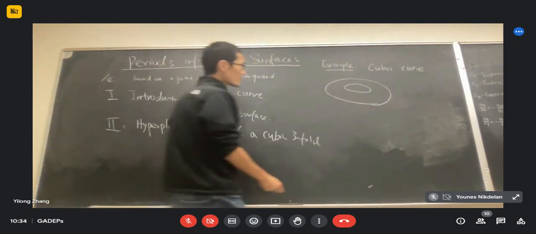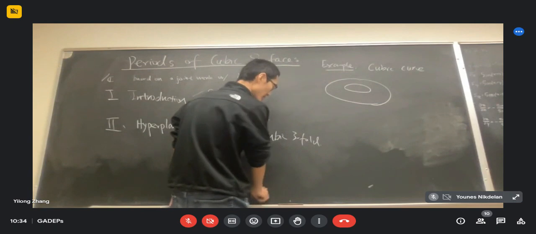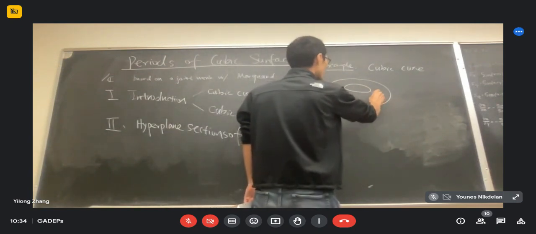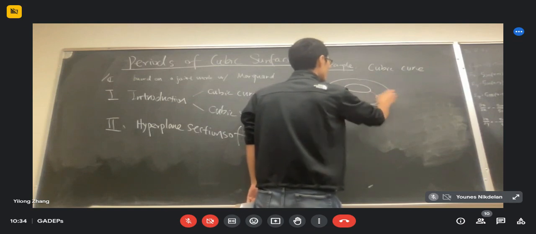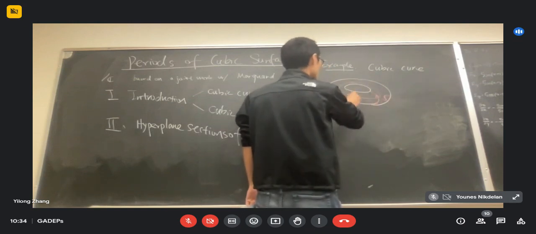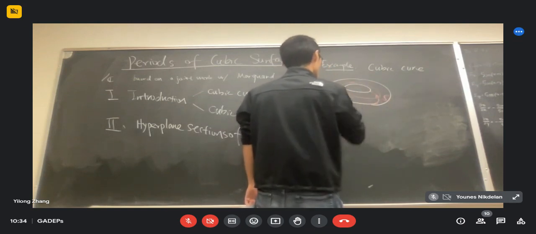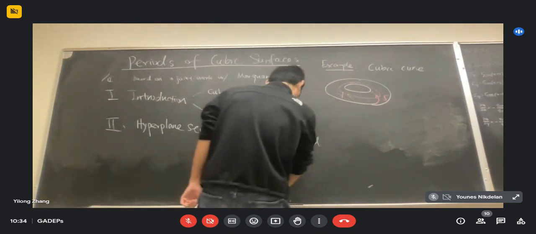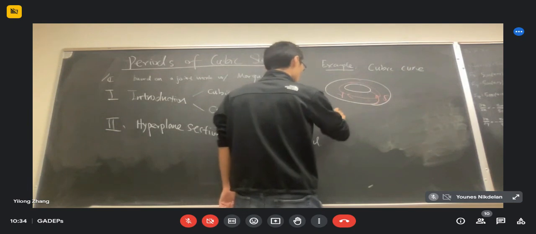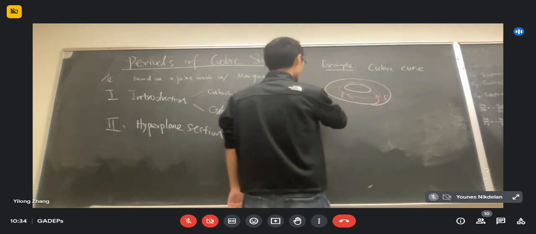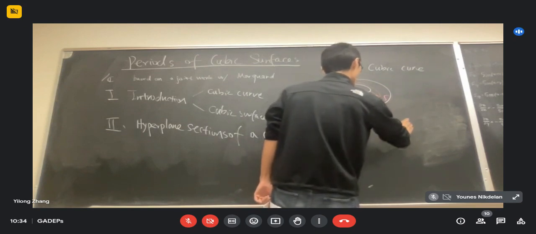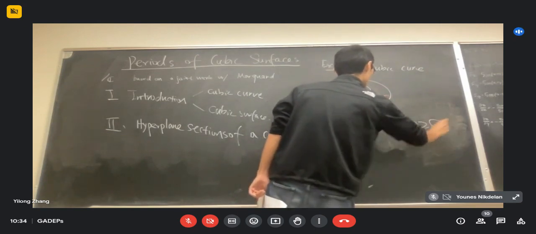So how do we make sense of the periods? Well, we have the integral homology, gamma and delta. So H1 of this curve is Z gamma plus Z delta.